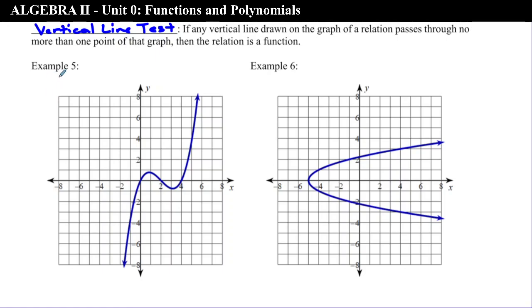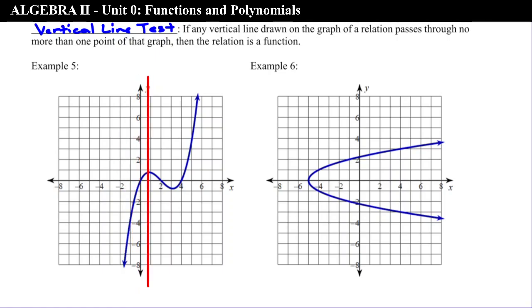If I were to draw a vertical line, I'm just going to draw a line right here, up and down. And if I were to take this line and drag it across the graph, starting from left to right, well, we haven't gotten to the function yet. We don't get to the function until we get about here. So we're going to start from the left-hand side of the function and drag this line across the graph.